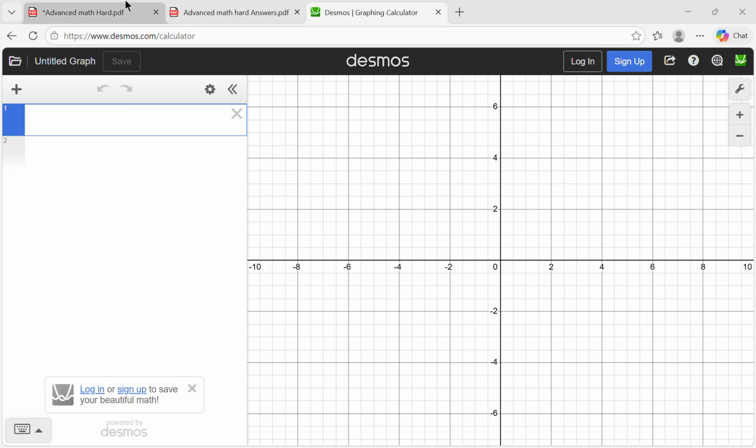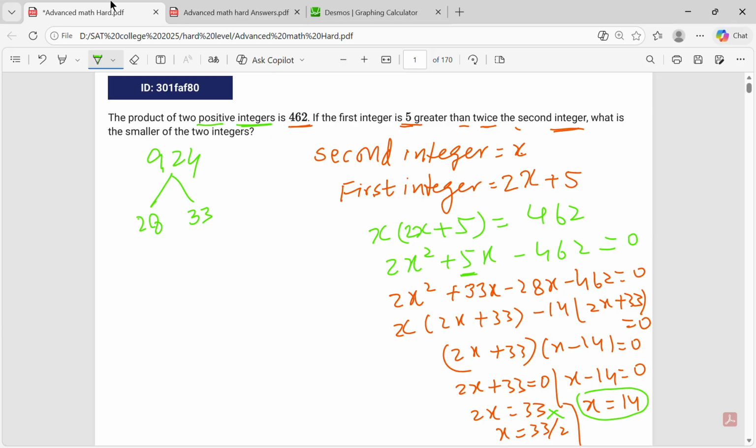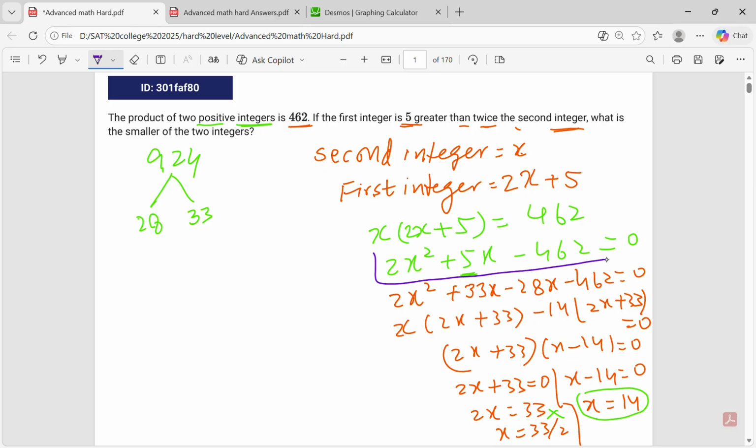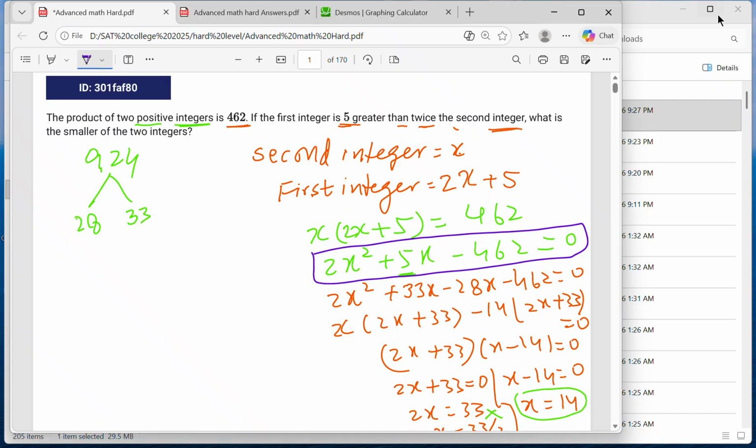Okay, so in Desmos we'll have to write the equation, which is this one, 2x squared plus 5x minus 462. Just type this here and you will see your result in seconds.